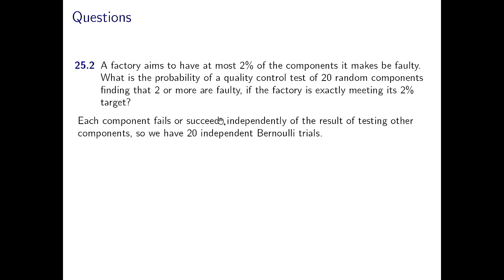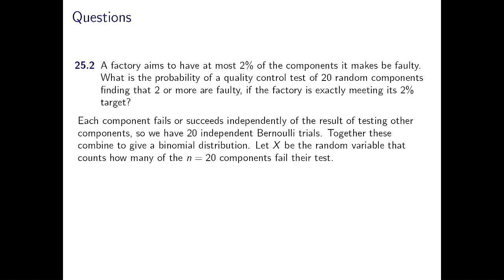So this is, what are we doing? Well, each component is going to succeed or fail independently of the others. So we're doing 20 Bernoulli trials, and we're interested in the number of successes or failures, right? So this is a binomial distribution, because we've fixed our number of things, and we're interested in the number of successes.